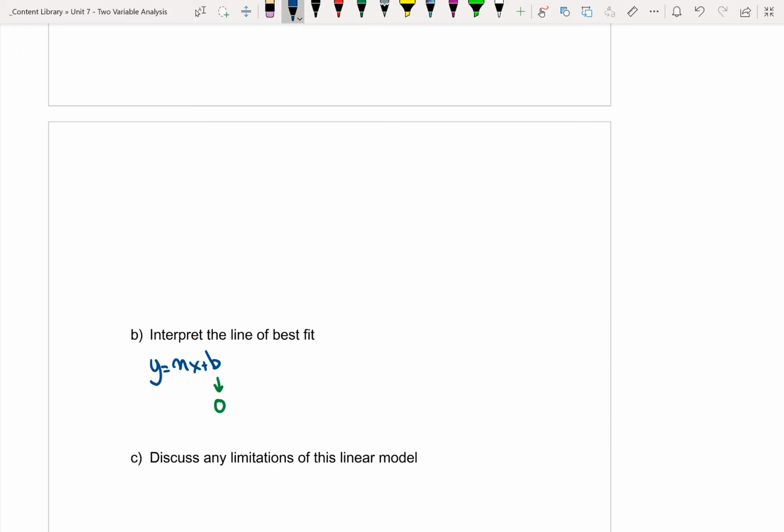So again, this is going back to grade 9 and 10. We can find our slope by doing y2 minus y1 over x2 minus x1, or rise over run, on the actual line. And what we can find is that our line of best fit is equal to the linear function y equals 1.2x.